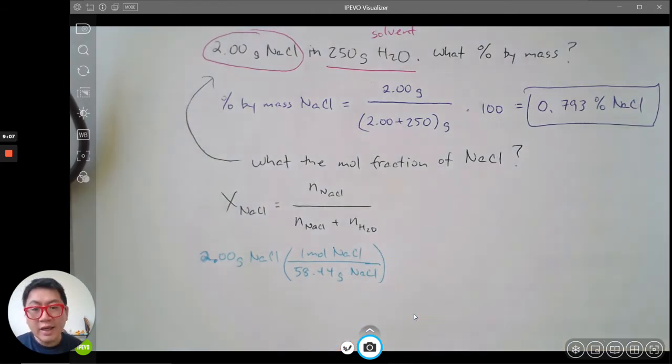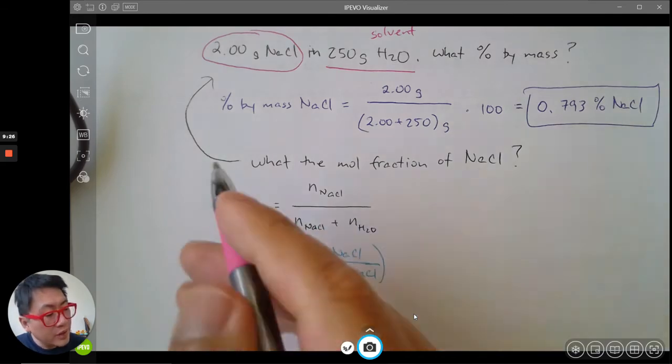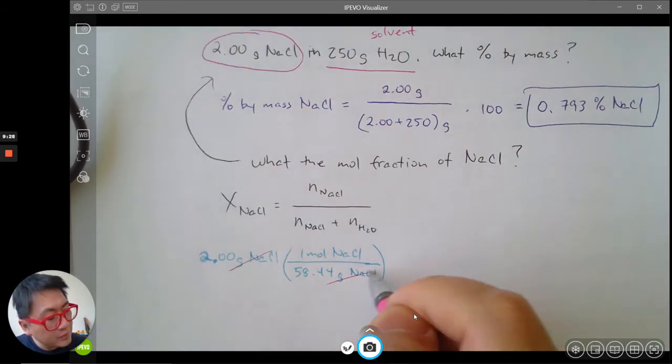And again, I get that from the molar mass of sodium in sodium chloride being 22.99. The molar mass of chlorine is 35.45. And so that adds up to 58.44. Grams and grams will cancel. Now I have moles of salt.